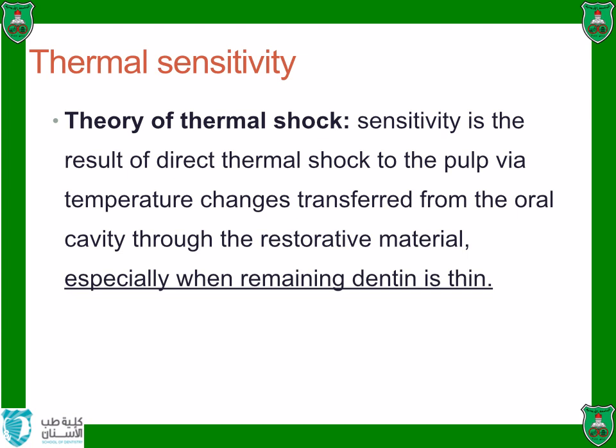Amalgam has high thermal conductivity, and in the past they thought that the change in temperature in the oral cavity could be transmitted through the amalgam to the deep pulpal area. The solution for this problem is to place a liner and base in the deep cavity preparation under amalgam, and those materials should have low thermal conductivity.